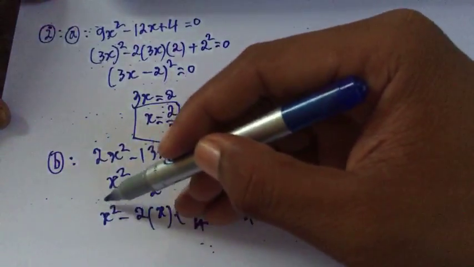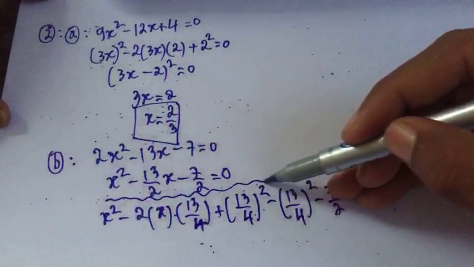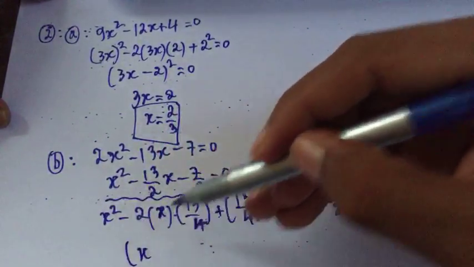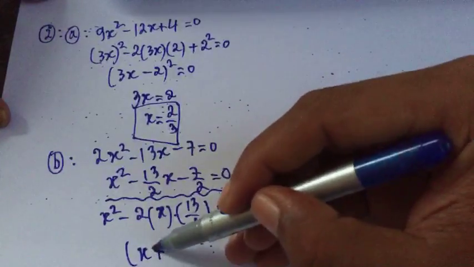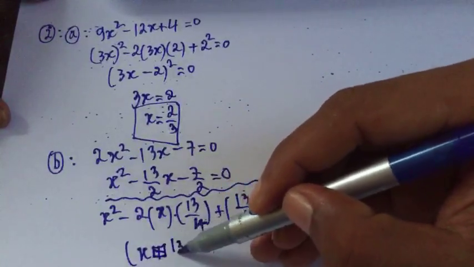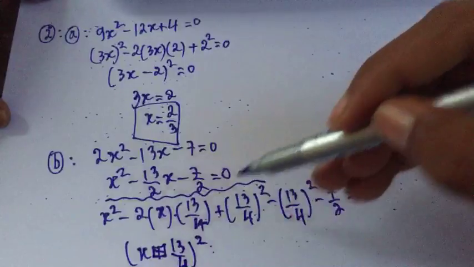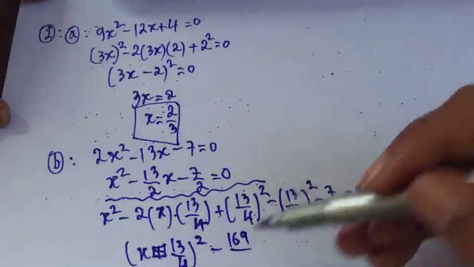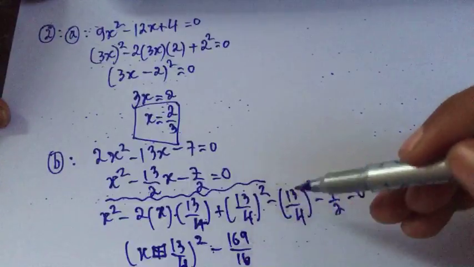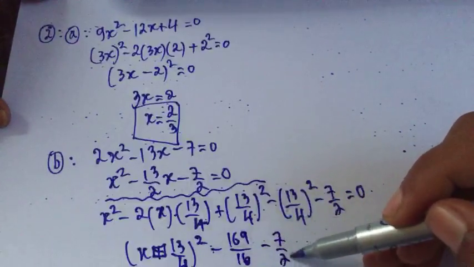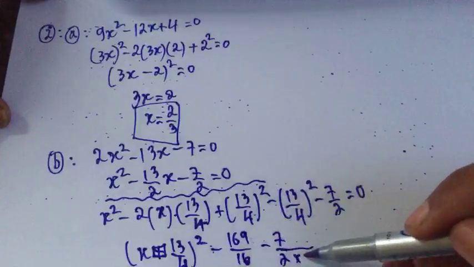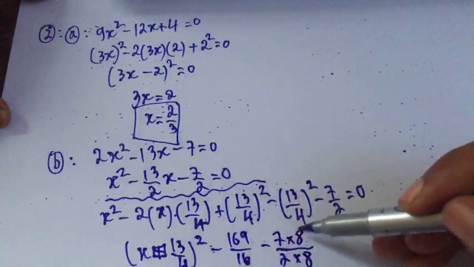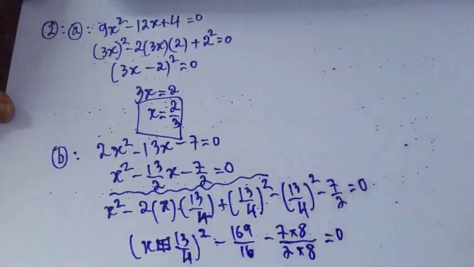And then you put x squared minus 2x times 13 divided by 4, plus 13 divided by 4 squared minus 13 divided by 4 squared minus 7 divided by 2 equal to 0. Along with this we get x minus 13 divided by 4 squared, and then here is 169 divided by 16 minus 7 divided by 2.